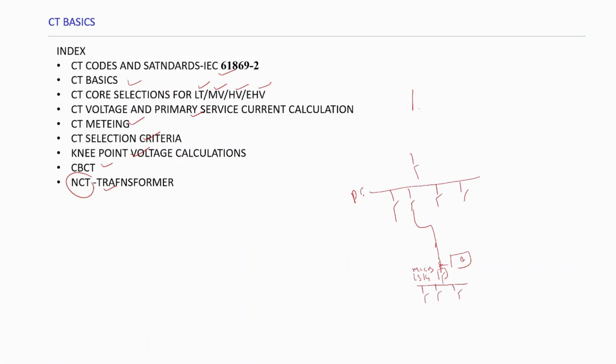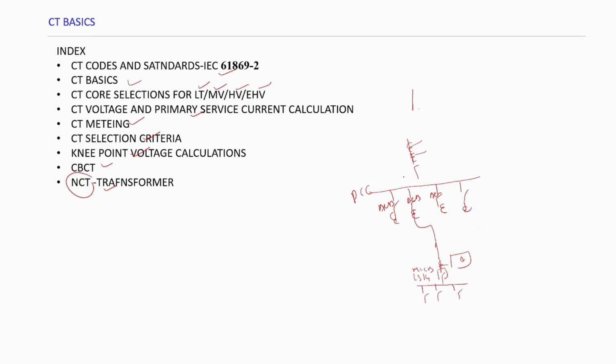So this is my PCC. Now there are chances that here I am using 2 core CTs, and here again I am using a single core CT. Most of the time these are ACBs, these are all ACBs.